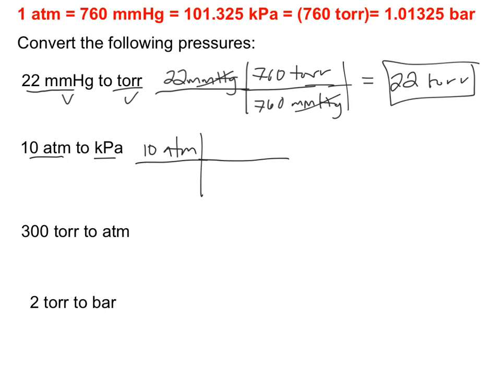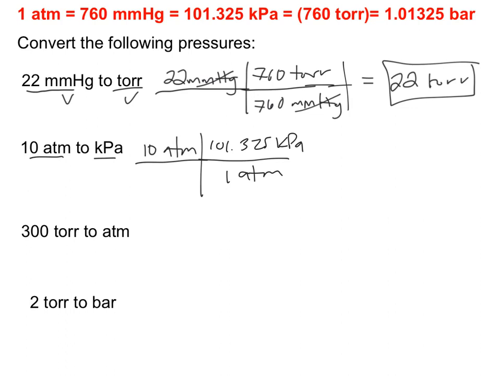So if I come up here and look at my equality setup, I have 101.325 kilopascals for every 1 ATM. So that's my relationship. So I want to get into kilopascals. Okay. And 1 ATM is the relationship between 101.325 kilopascals and 1 ATM.